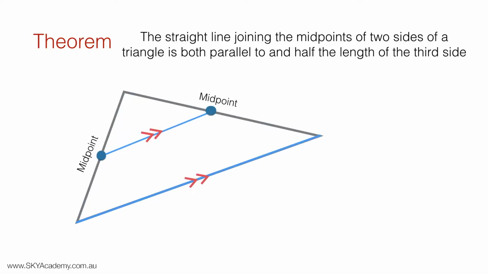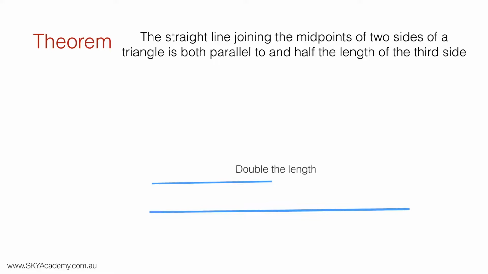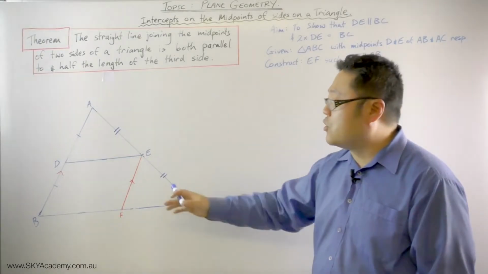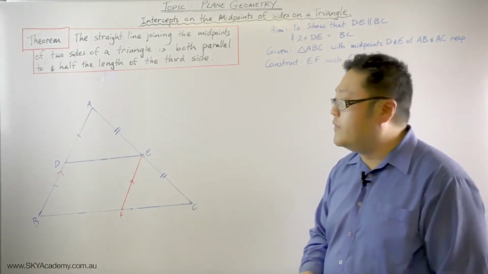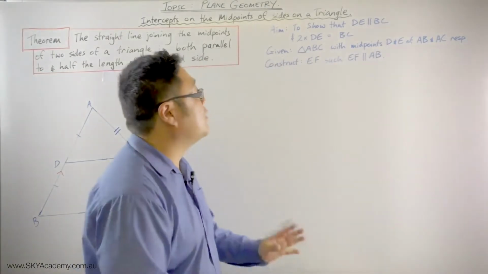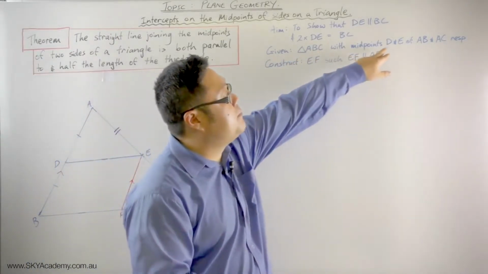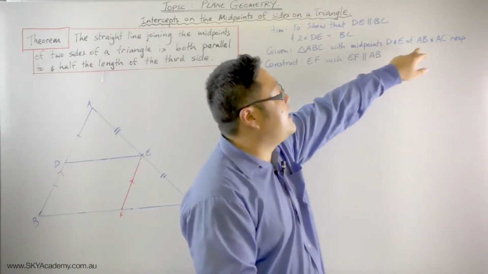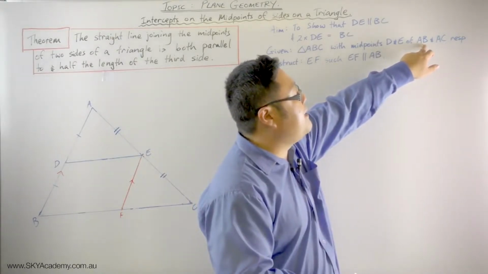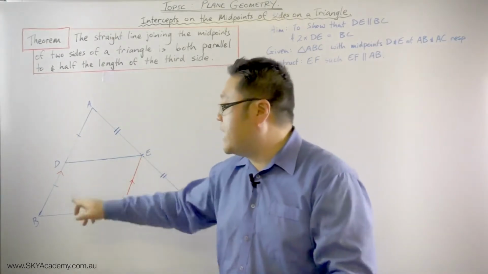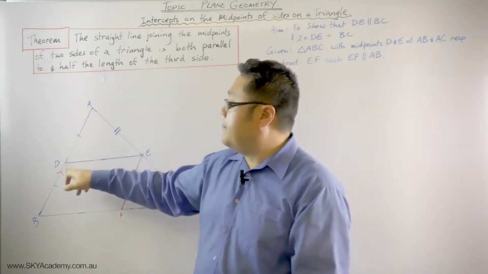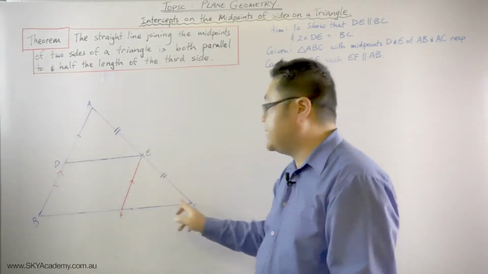And we're going to set out to prove this. So I've sketched a basic triangle to help us prove this. We've got triangle ABC with midpoints D and E of AB and AC respectively, these two points being the midpoints of AB and AC.